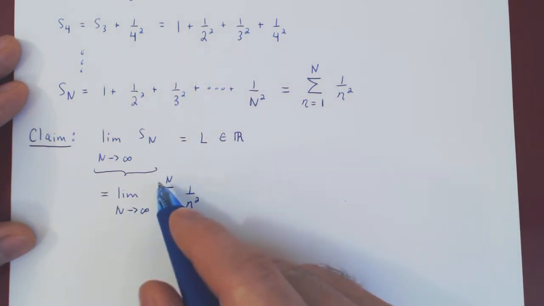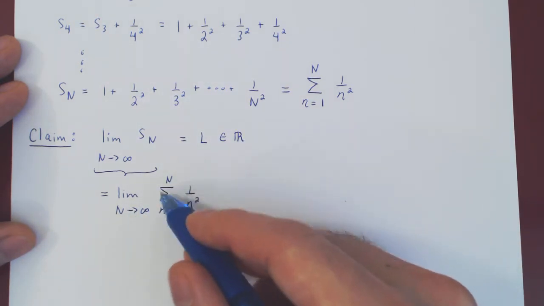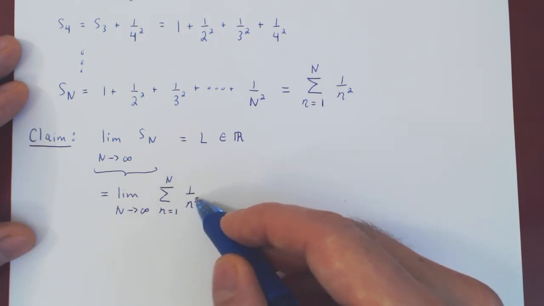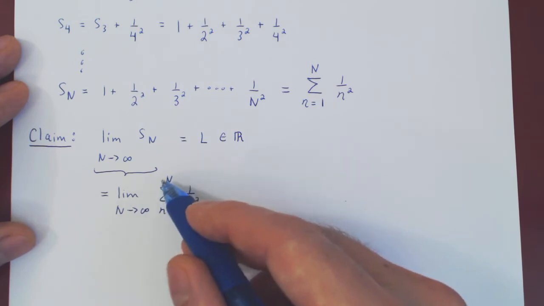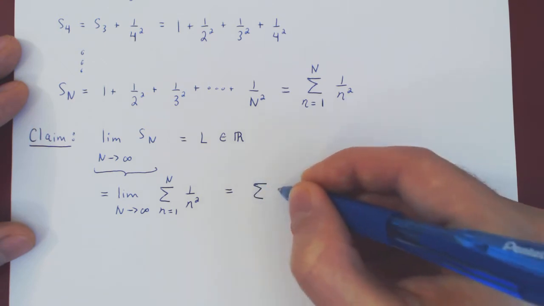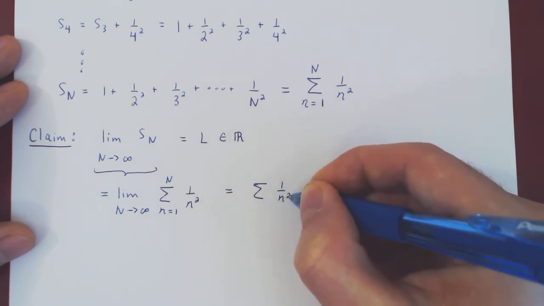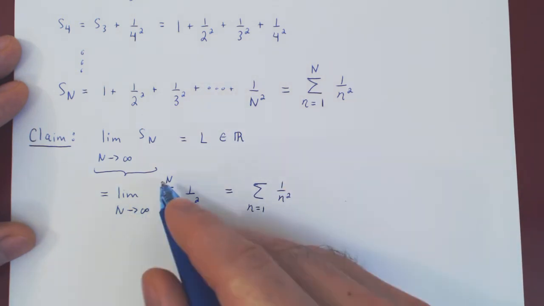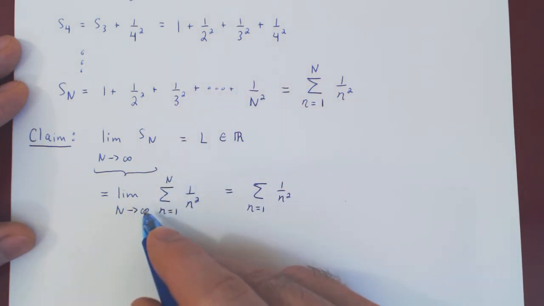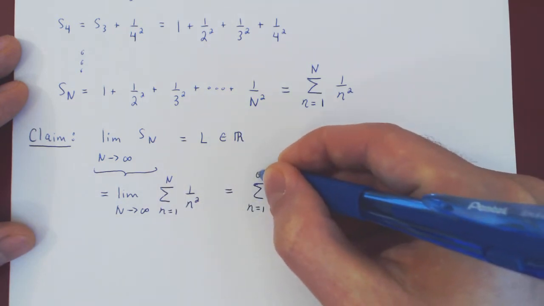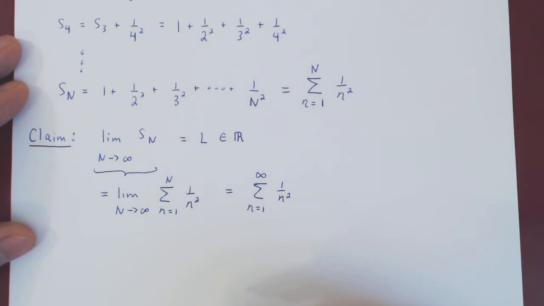And this should remind you a little bit of an improper integral. We are summing from 1 to uppercase N, 1 over lowercase n squared, and we are letting uppercase N tend to infinity. So we could write this even more concisely as the sum of 1 over n squared, n going from 1 to, and now we're going up to N, but we're letting N go to infinity, so we can simply write the upper bound as infinity and drop the limit.